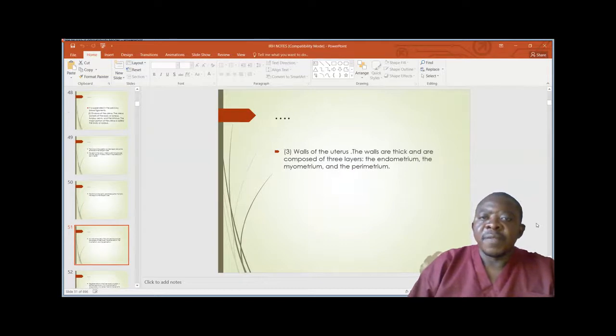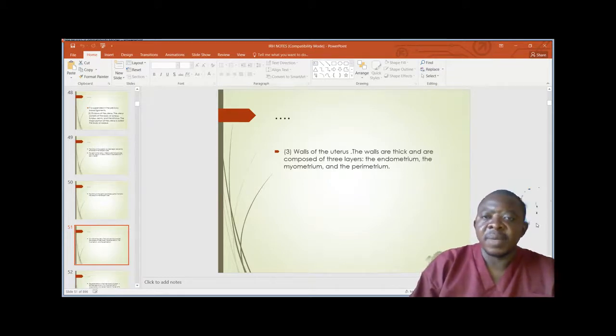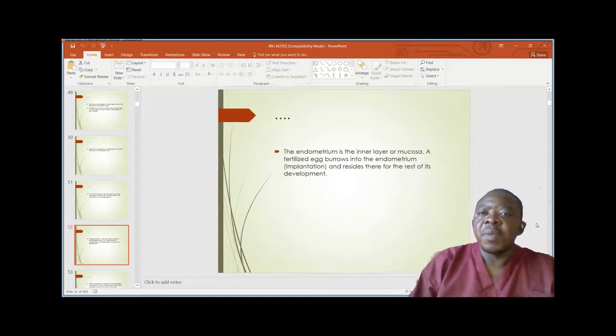Walls of the uterus: the walls are thick and are composed of three layers, that is the endometrium on the inside, then the myometrium in between, and then the perimetrium. The endometrium is the inner layer or mucosa.